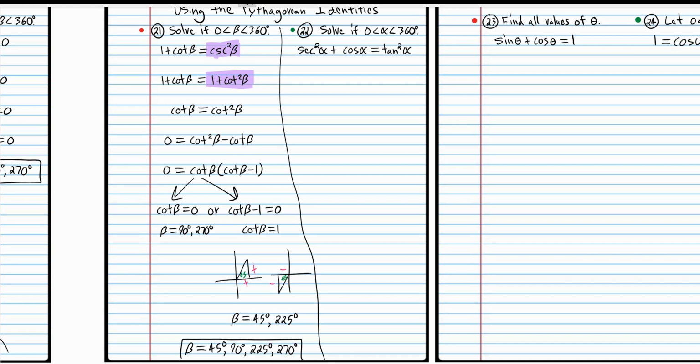You can use 21 to help you. And remember to use your trigonometric identities. Secant squared is equal to something. You should have that right in front of you. Secant squared is equal to one of those Pythagorean identities. So try 22. When you come back, we'll do it together.